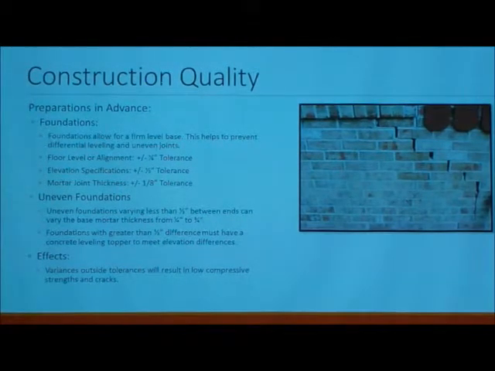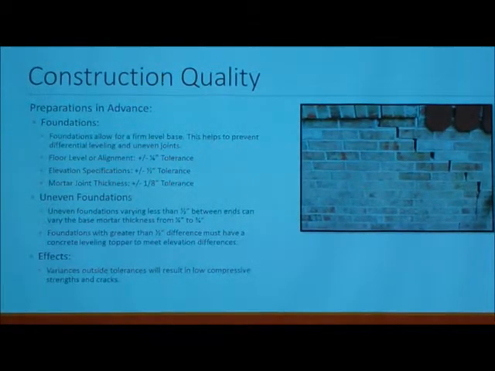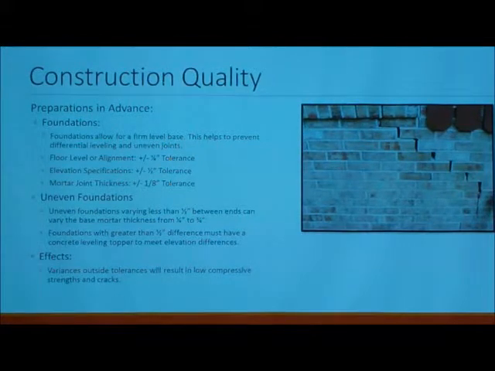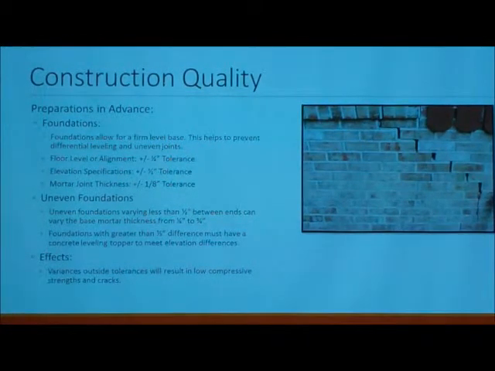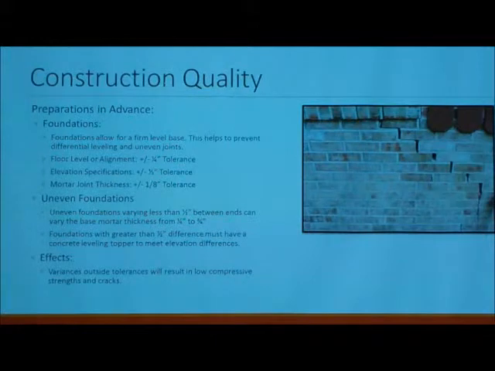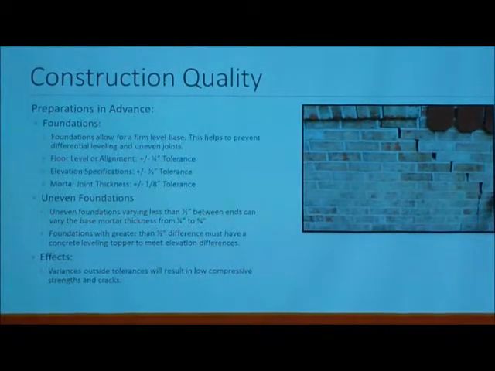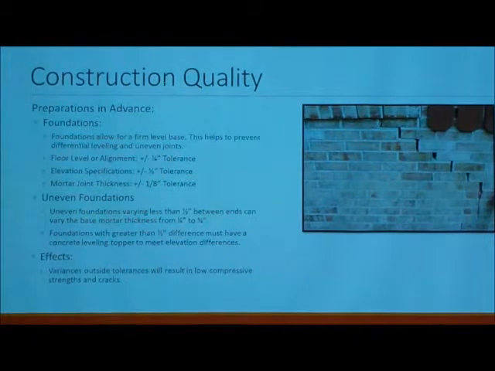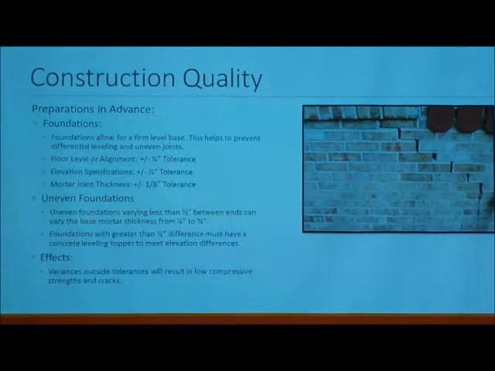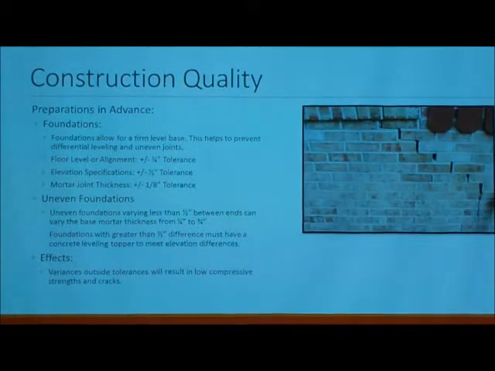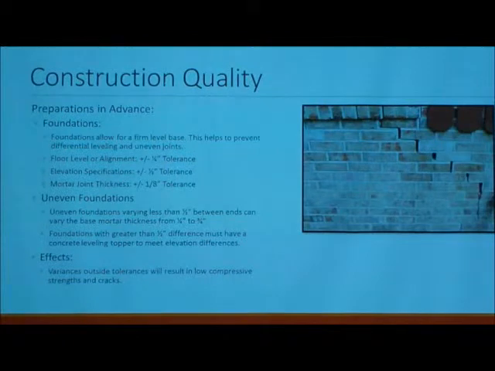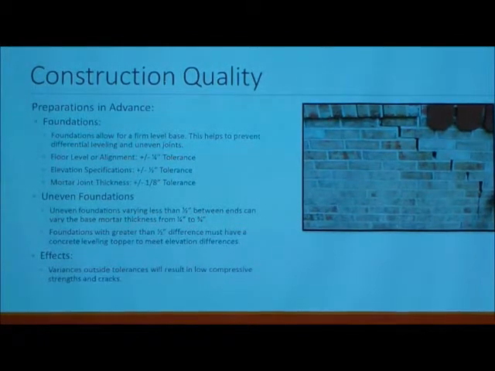So, quality control. Some of the things that are monitored in masonry construction, as far as pre-construction, would be your foundations. Foundations have tolerances for alignments, elevations, and thicknesses. And so you can see at these points, if a foundation is out of alignment, it will have to be corrected.